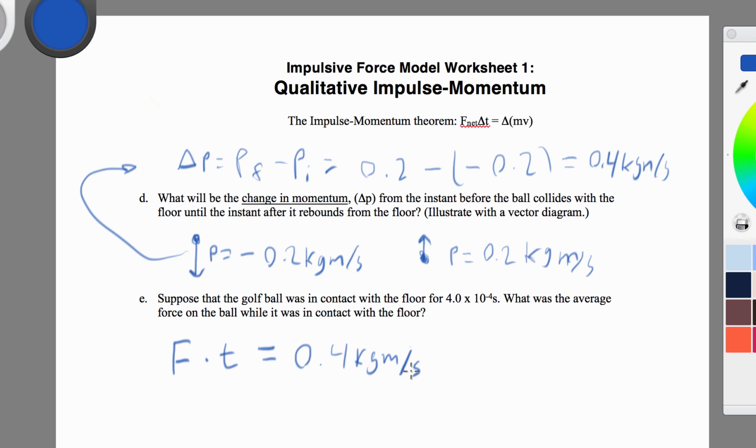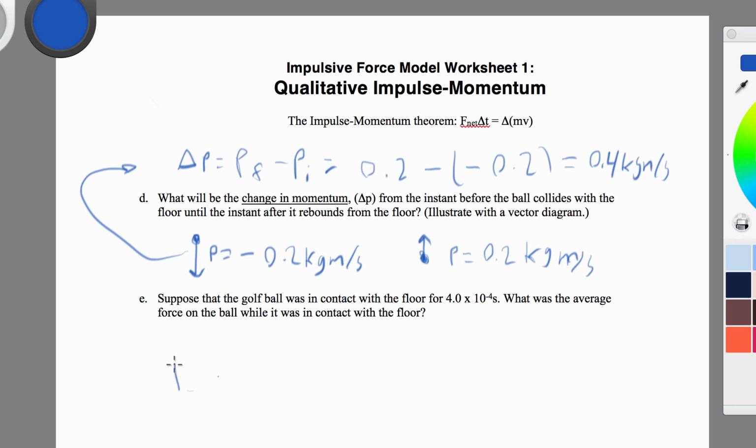Was I given force? Was I given time? Or do I want to do this the other way around? I also could say that 0.4 kilogram meters per second equals the mass times velocity. Well, I'm given time here, so it's going to be the other way around.